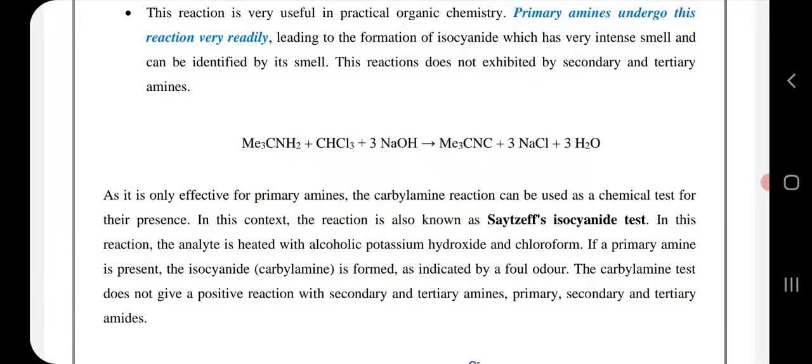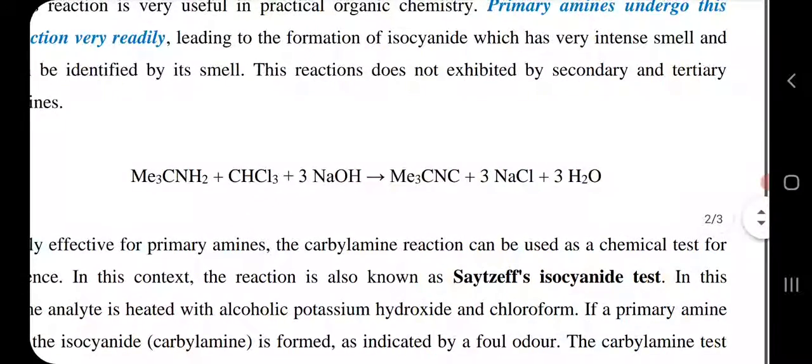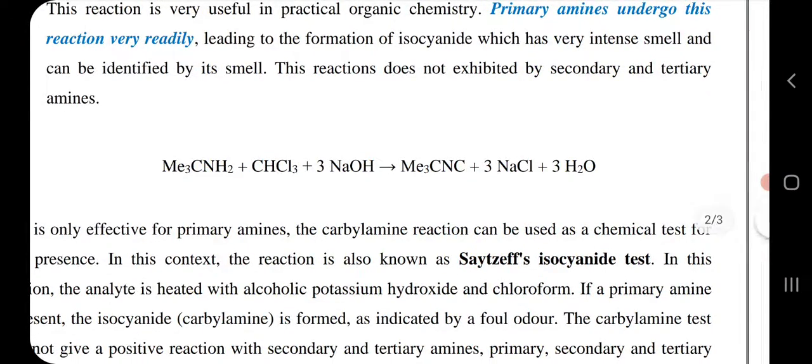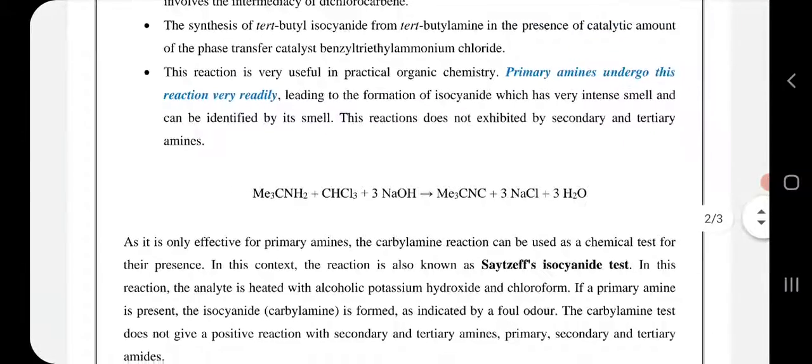So as you can see here, this reaction involves a primary amine, RNH2, chloroform, and a base, which leads to the formation of isocyanide and removal of sodium chloride and water. And students, this isocyanide has a very intense foul smell.